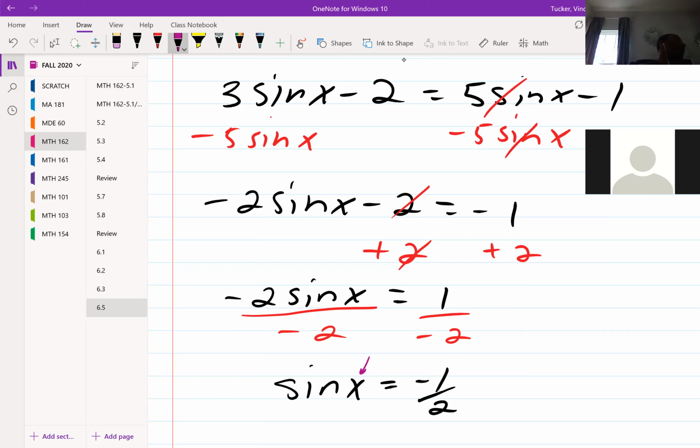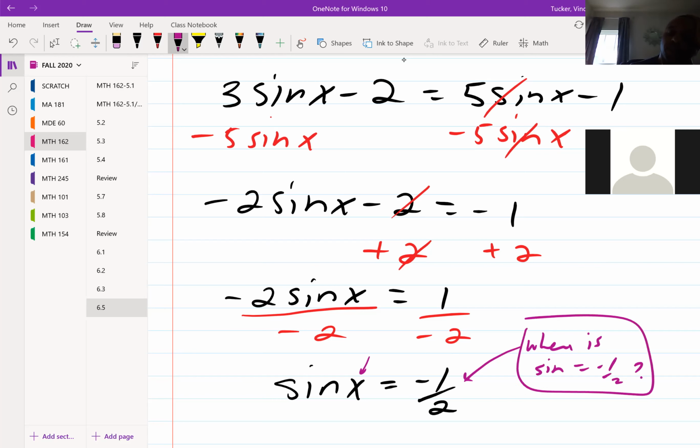In other words, when I take the sine of this value, I get negative 1/2. So you could lean on the unit circle, especially if you don't have them committed to memory. It's talking about when sine is, like I said, equal to negative 1/2. That's what we should be asking.